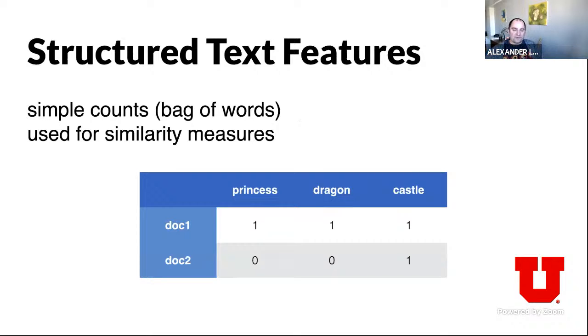Instead, you usually use smarter ways to extract features. One simple thing would be bag of words, which are simple counts. If you have, for example, the words princess, dragon, and castle, and two documents, you can count how frequently those appear, and reason about how similar the two documents are based on how many words they share, especially the rarer words.